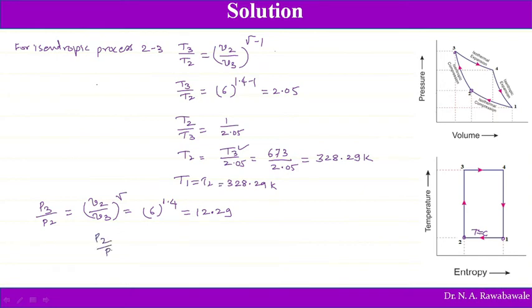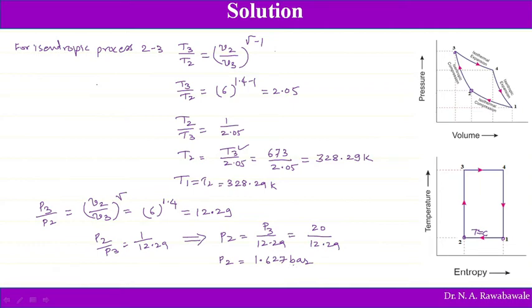P2 by P3 is equal to 1 divided by 12.29, so P2 is equal to P3 divided by 12.29. P3 we know as 20, so 20 divided by 12.29. On simplification, the value of P2 we get as 1.627 bar.